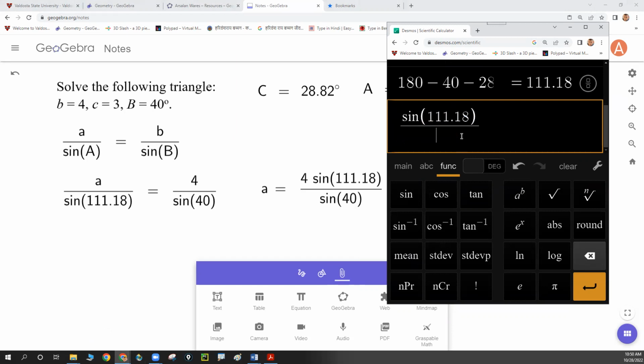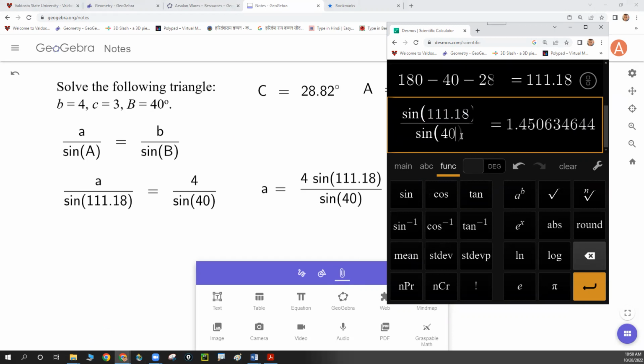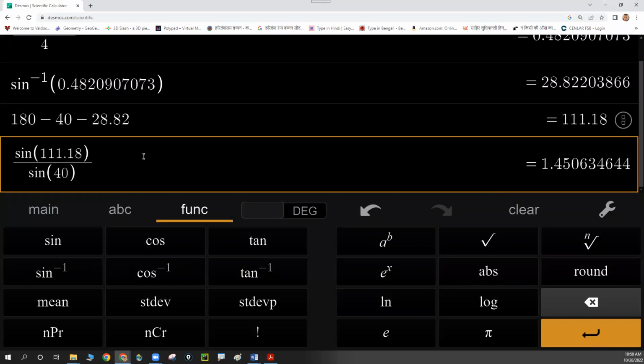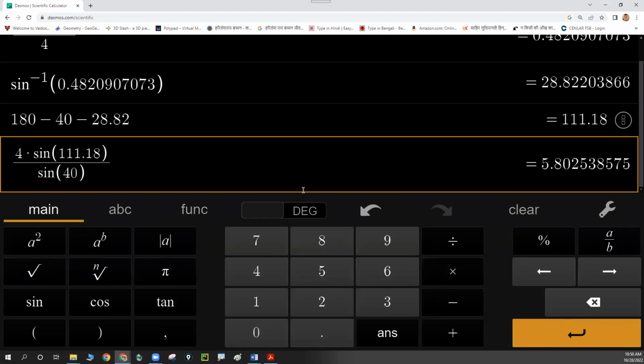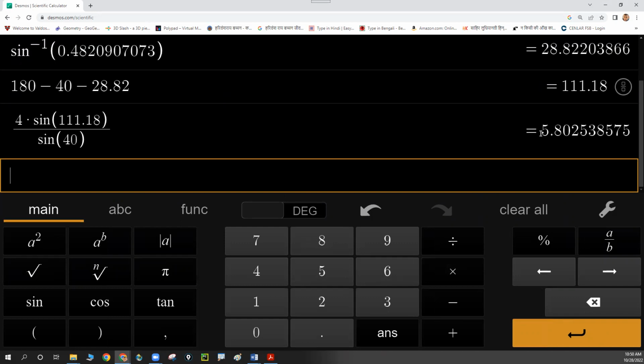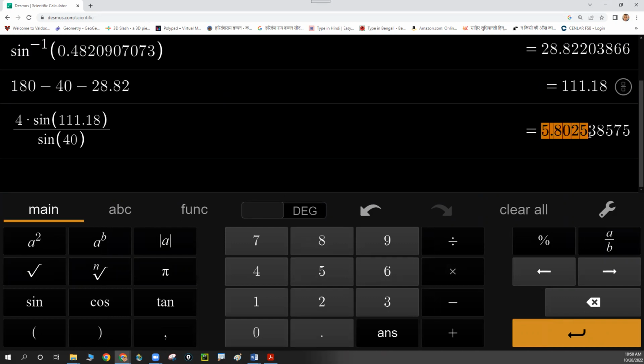This divided by sine 40 and times 4. And what do we get? 5.8. 5.825 is good enough for me.